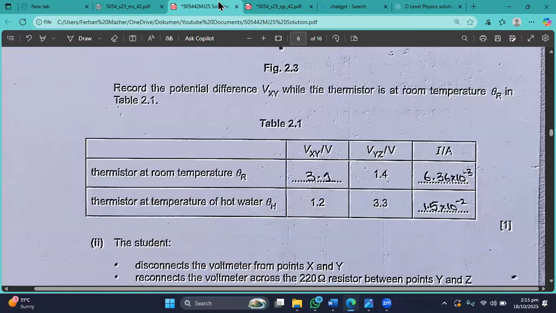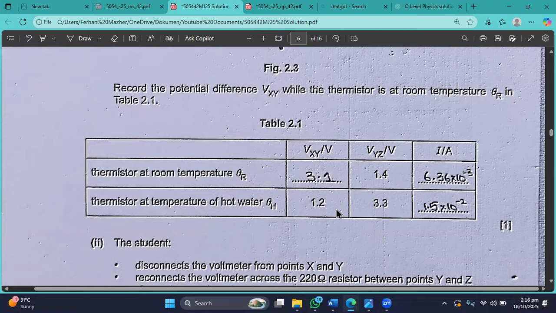When the thermistor is at room temperature, the voltage drop is 3.1. And when the thermistor is at the temperature of the hot water, which was 83 degrees centigrade, the voltage drop across the thermistor is only 1.2 volt. You see, when the temperature has increased, the voltage drop across the thermistor has decreased.